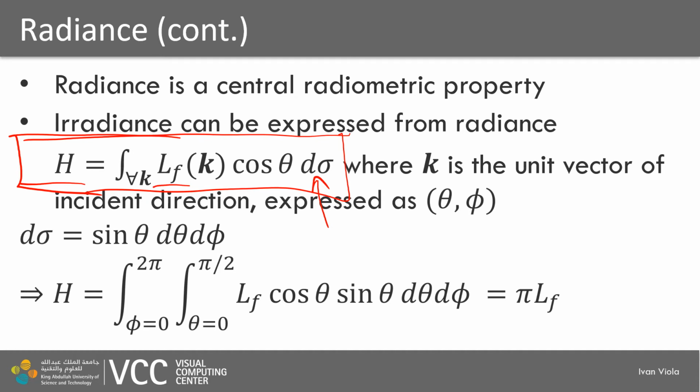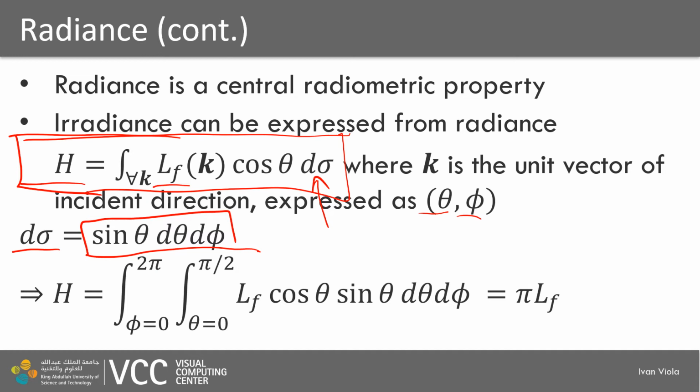And that are theta and phi, which are parametrizing our unit sphere. The differential, d sigma, which is the solid angle, is equal to this formula, where we see that the sine theta is scaling the differentials of theta and phi.